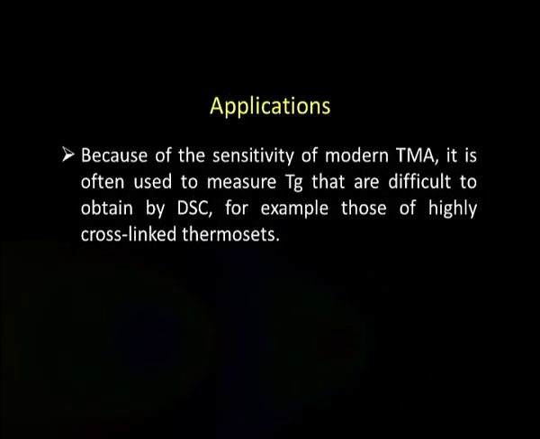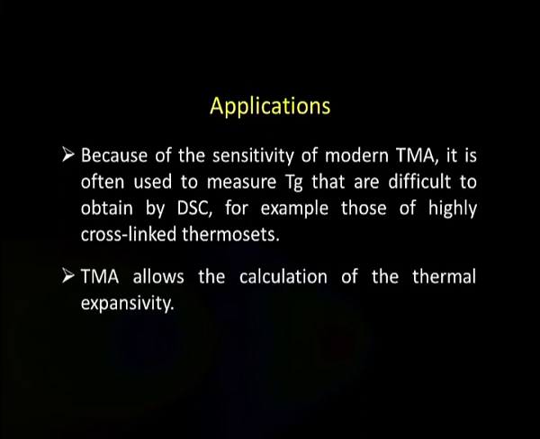Because of the sensitivity of modern TMA, it is often used to measure Tg that are difficult to obtain by DSC, for example, those of highly cross-linked thermosets.